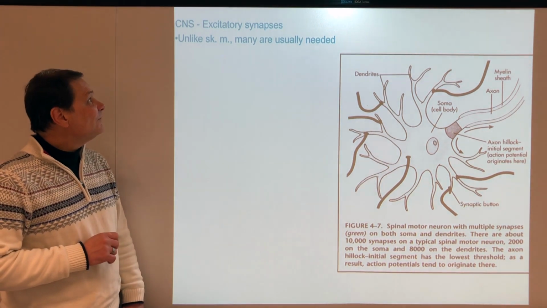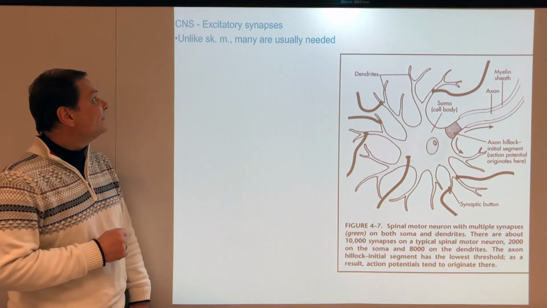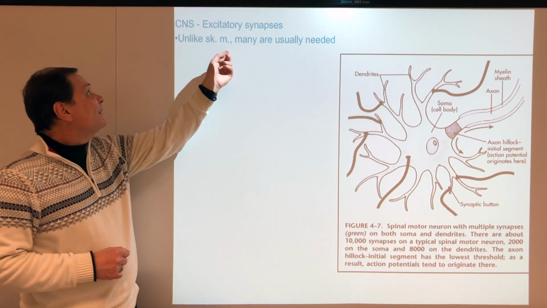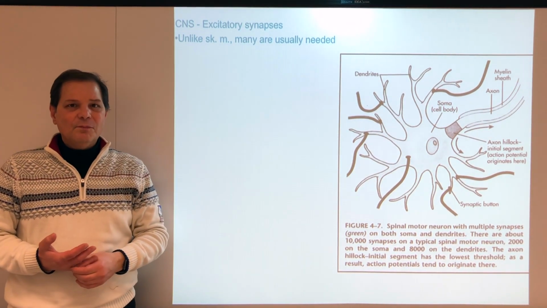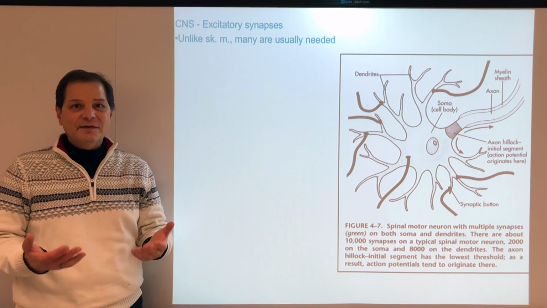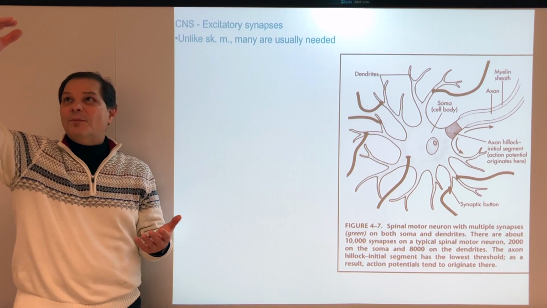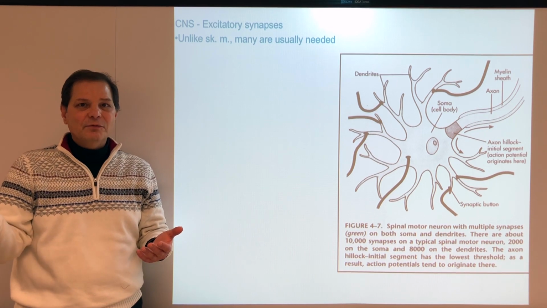We have two types of synapses, excitatory and inhibitory. I'll start with the excitatory synapses. Unlike skeletal muscle, you usually need a lot of synapses per neuron in order to cause the neuron to hit threshold. That's because you don't have an end plate potential that gets up way high that is meant to ensure that you hit threshold.